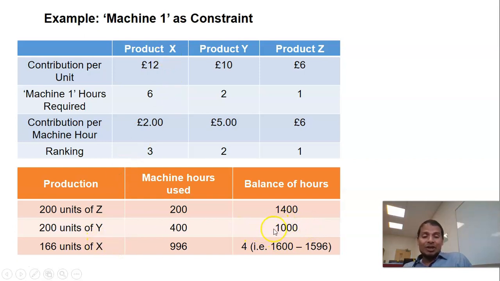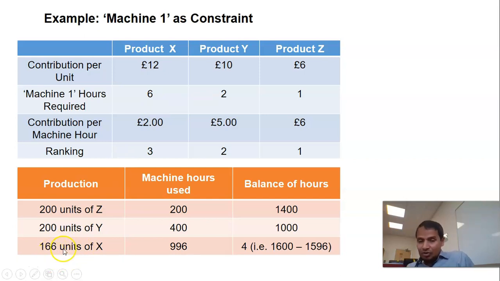Okay, so 1000 hours. With 1000 hours, how many units of X can you produce? For one product, you need 6 hours. So if you use 1000 hours, how many units can you produce? 1000 divided by 6 is 166 units.